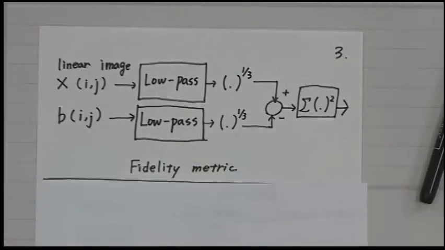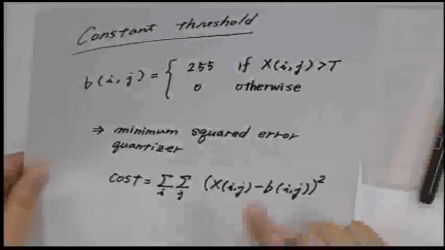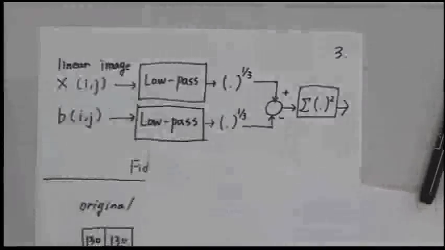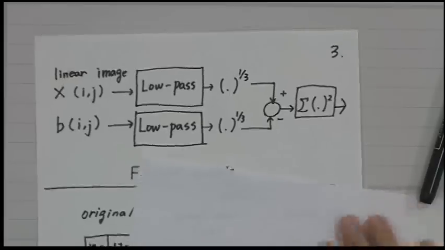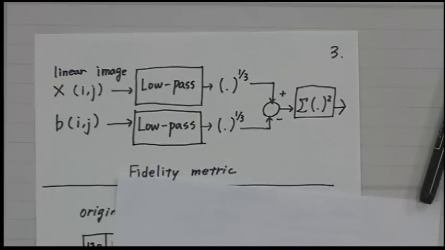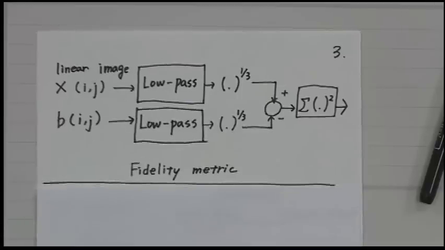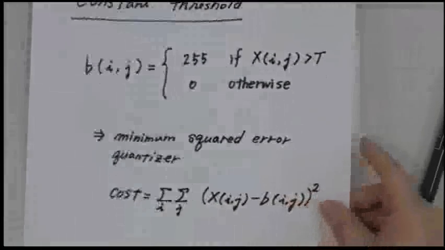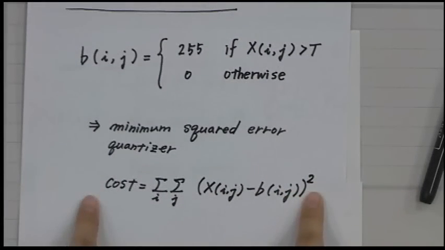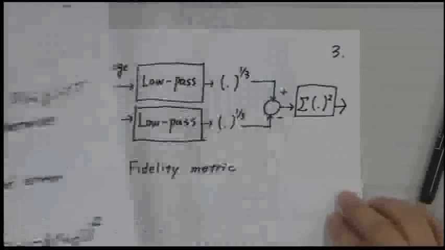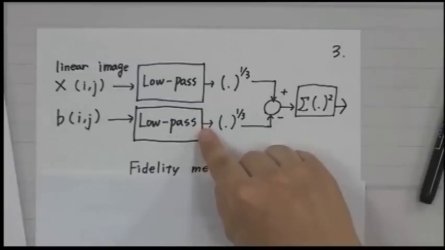For example, if we look at an image very closely, we can see the sharp edges, but if we look at the image from very far away, it gets blurred. It's an optical property of our human visual system. So this cost is bad because we didn't take into account this low-pass filter property of our vision.